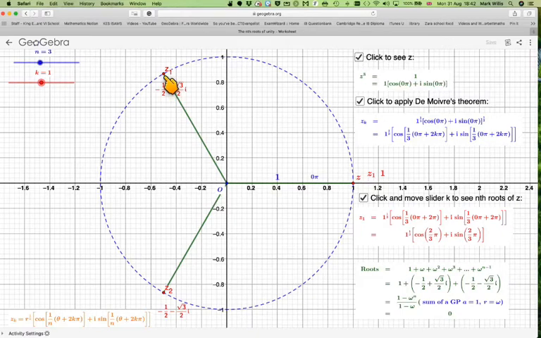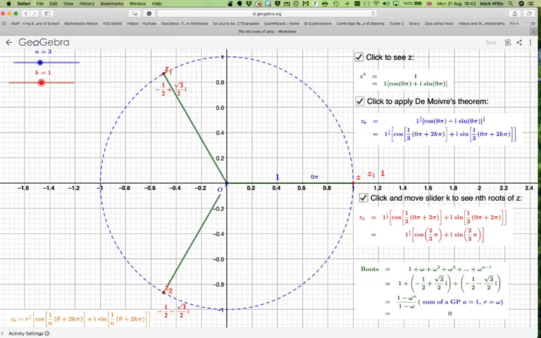Then this becomes 1/3 of 0 plus 2 pi, which is 2/3 pi, and you get this next complex root here, where this angle is 2/3 pi.